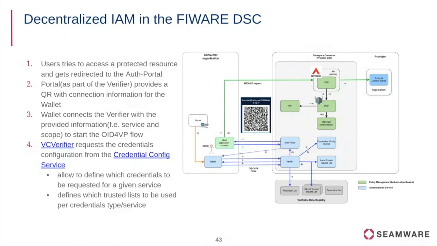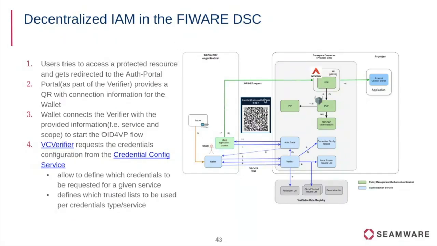The portal, which is a part of the verifier, provides then a QR code with the connection information for the wallet. Let's say the standard case is that our user has the wallet on its mobile phone. It could also have it in the browser or whatever. And then it uses the mobile phone to scan the QR code. The QR code is essentially kind of a link that informs the wallet about the endpoint it requires to start the OpenID for Verifiable Presentation flow.